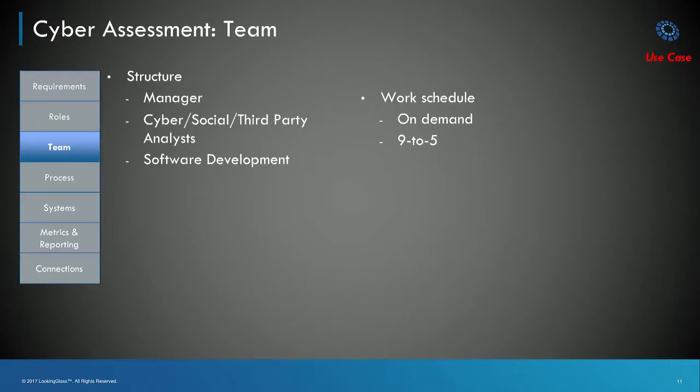But the key point was that we had a need for software development, which would typically be done to connect all the systems together. That's typically a 9-to-5 operating model. Running the reports is typically more on demand, based on people who are looking for a third-party assessment, and that would again be a 9-to-5 operation.